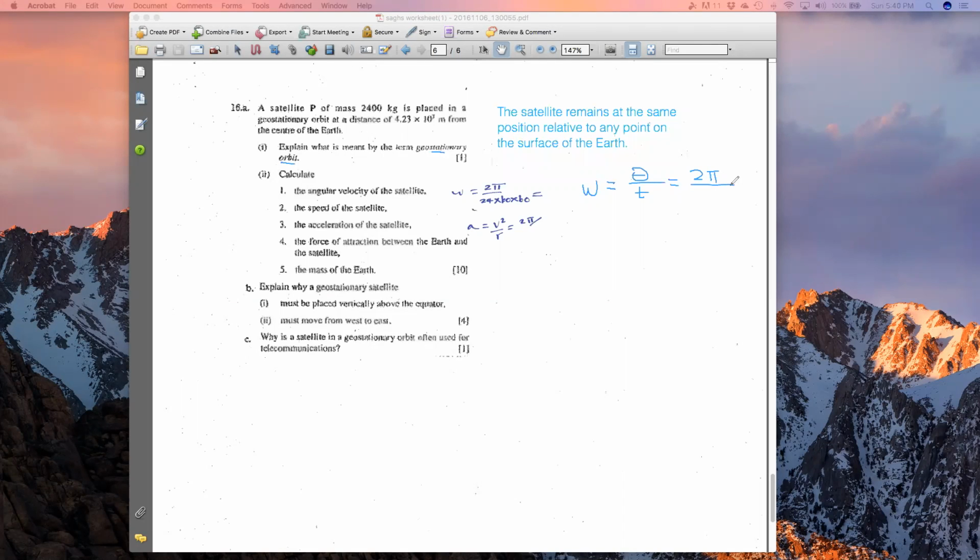And if it's geostationary, the Earth takes 24 hours to complete a rotation. If the satellite is geostationary, it must have the same period of rotation as the Earth. In other words, it must orbit the center of the Earth in 24 hours. So that's why in the denominator, I convert 24 hours to seconds, 24 by 60 by 60.